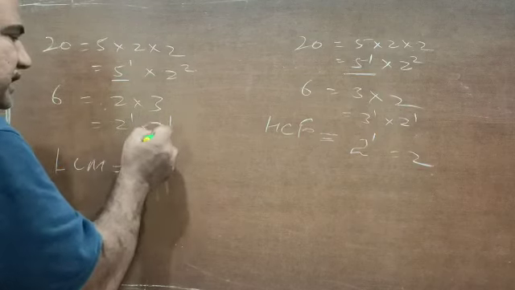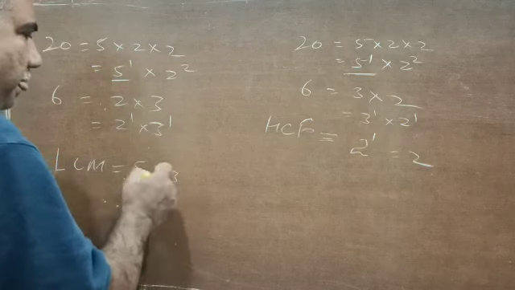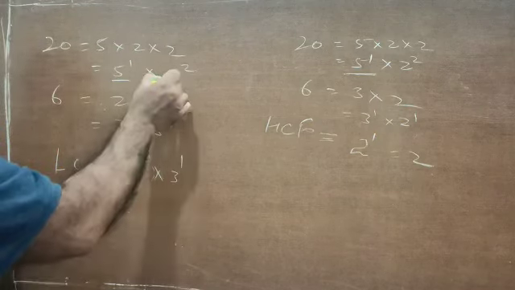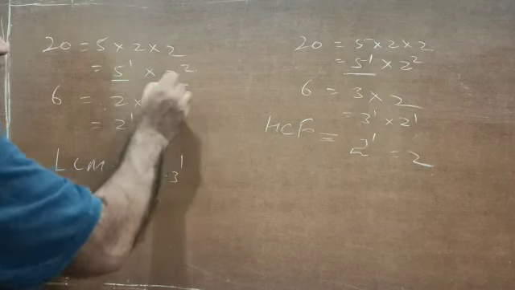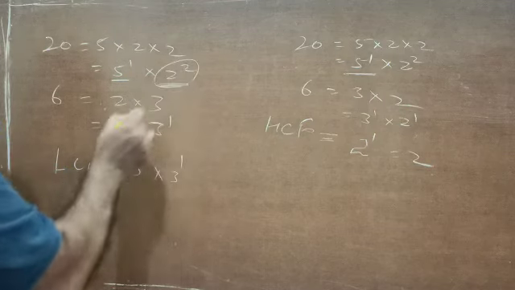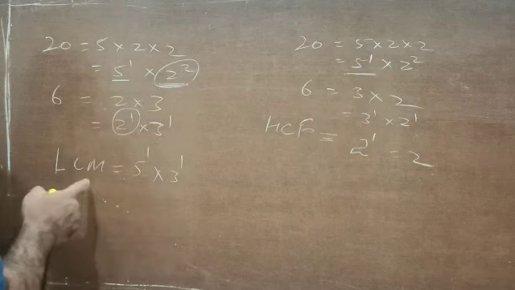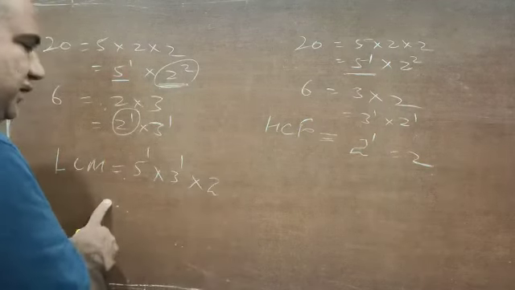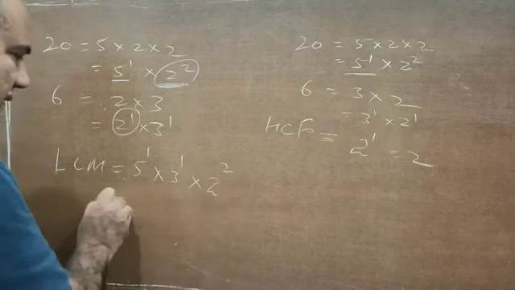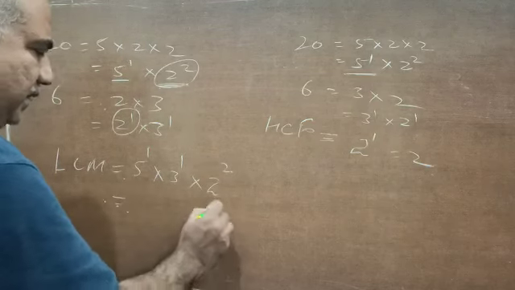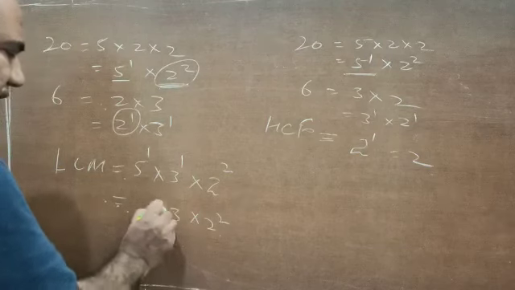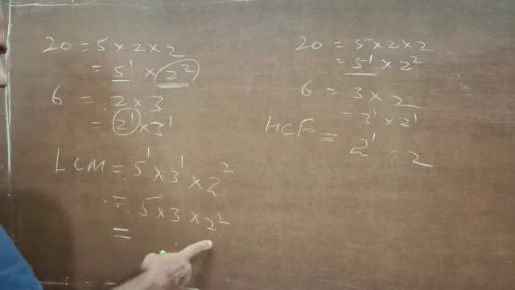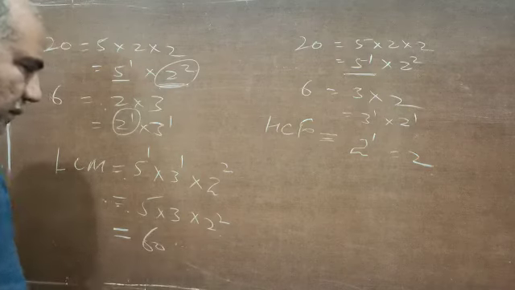Factor 3 is there, take it down. Both are having power 1, so write down. Now there is a common factor, 2. Here it is 2 raised to power 2, here it is 2 raised to power 1. So in LCM we want to take the common factor with the highest power. So this will become 2 raised to power 2 and 3 and 5. So that is your LCM. 4 times 3 is 12, times 5 is 60.